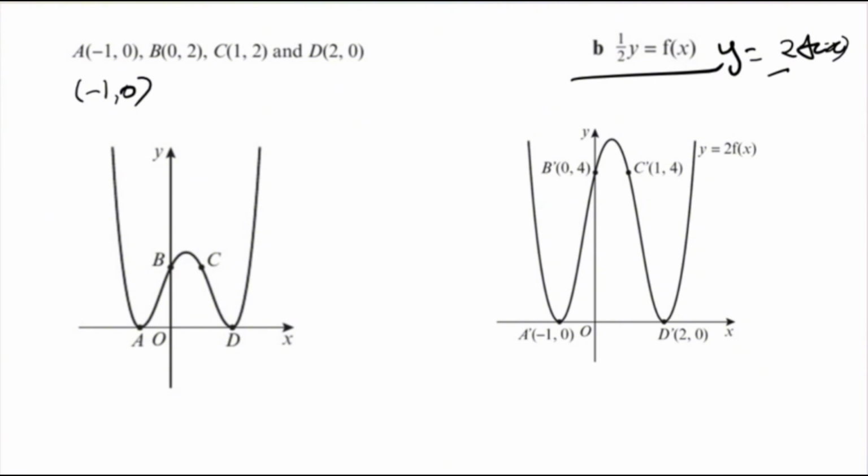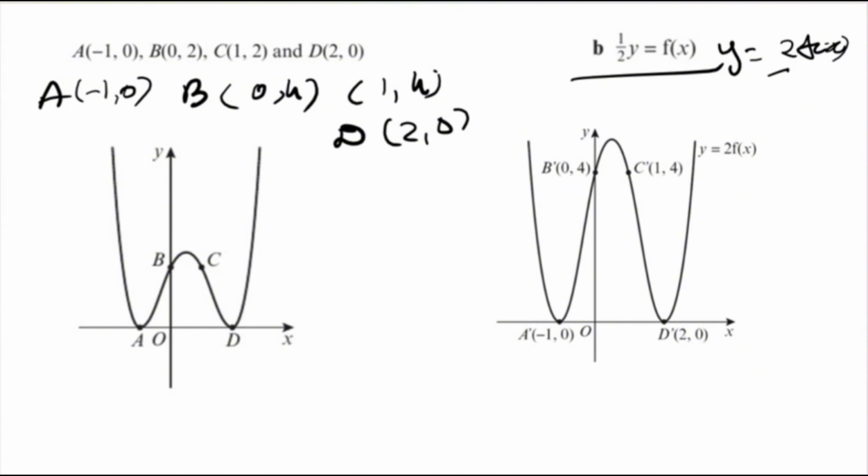B becomes (0, 4) because times 2. C will become (1, 4), and D stays the same (2, 0). So this is our new coordinates and the new graph, as you can see here. You have to first find the coordinates, which can help you sketch the graph.